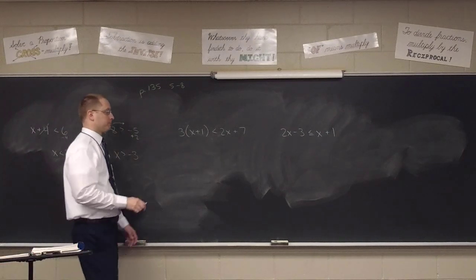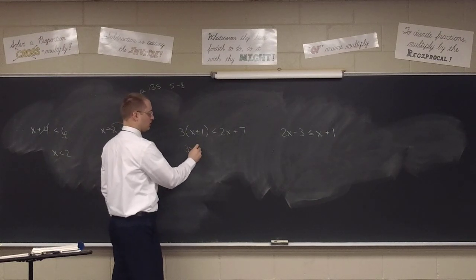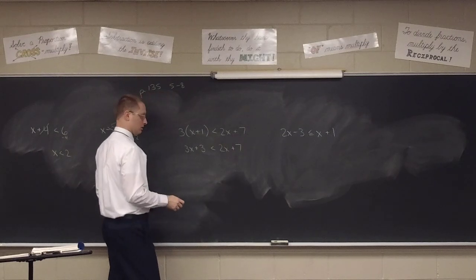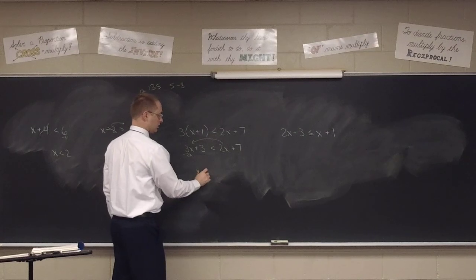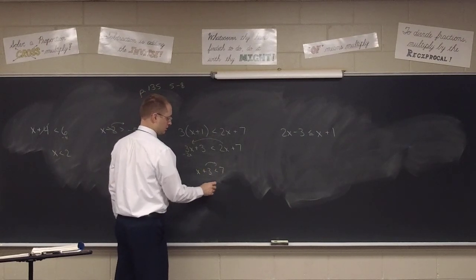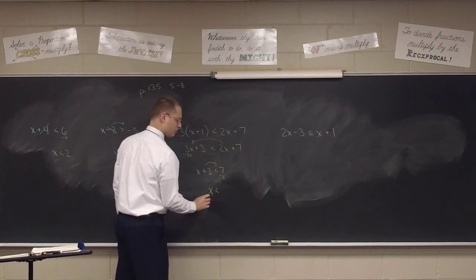Brecken, the next one. 3x plus 3 is less than 2x plus 7. Bring 2x over as a negative 2x. x plus 3 is less than 7. Bring the 3 over as a negative 3 to get x is less than 4.